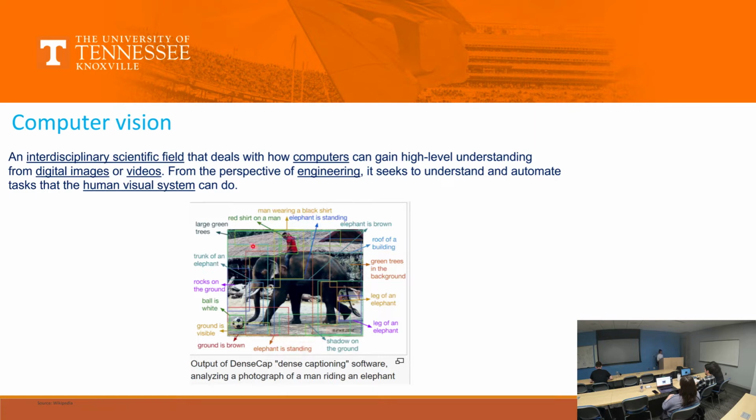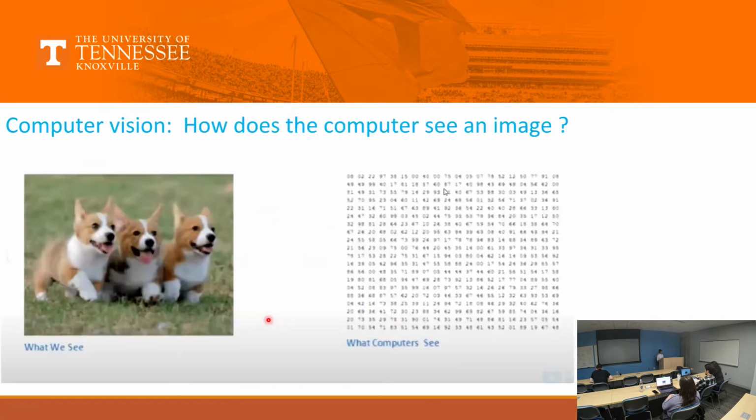This is the kind of thing that we want for our task, that a computer can do for our microscopy images. Now, I think we have gone through this, but this is a comprehensive presentation of what we learned last time. As a human being, what we see is 3 dogs here.